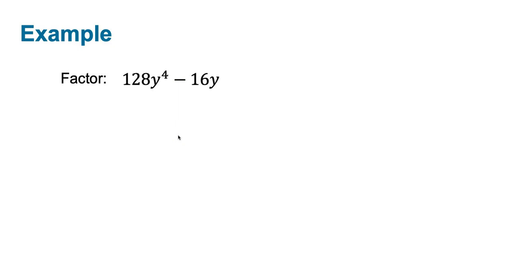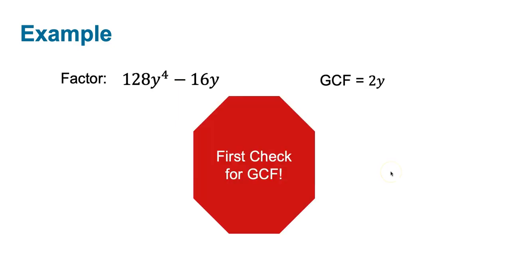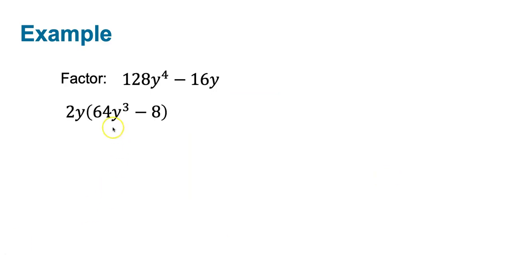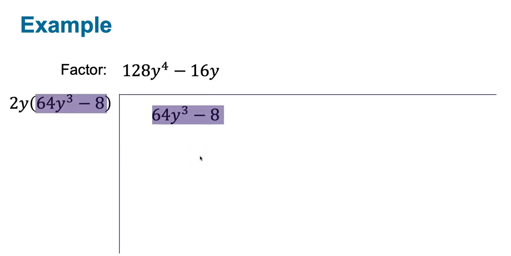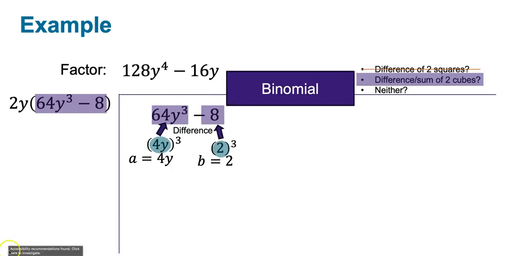Let's do another example. We're asked to factor. As always, we must first check for GCF. In this case, the GCF is 2y. Let's factor that out to get this. Now this polynomial is factored, but it's not completely factored. Next, we must examine how we can factor the polynomial inside the parentheses. Let's factor that in a sidebar. Here's the value for a and b, and we see that yes, this is a difference of two cubes.